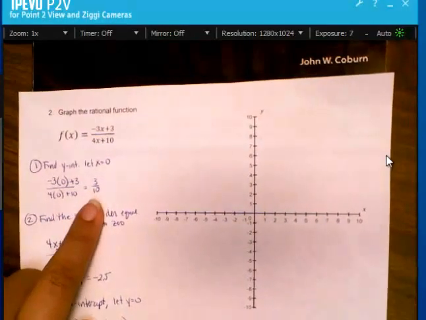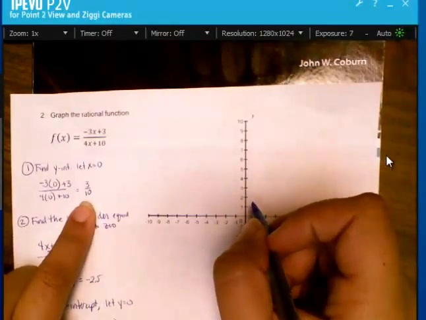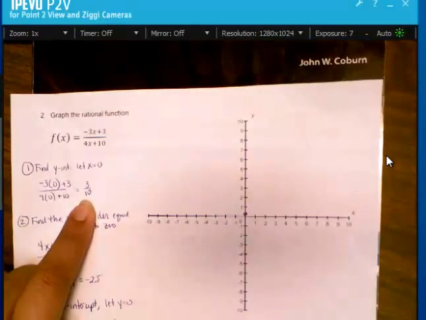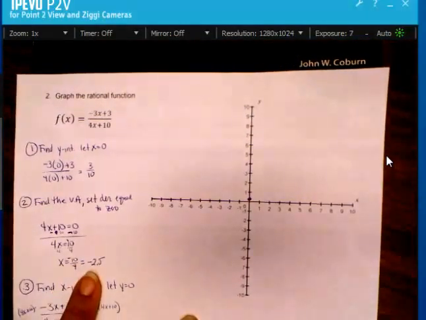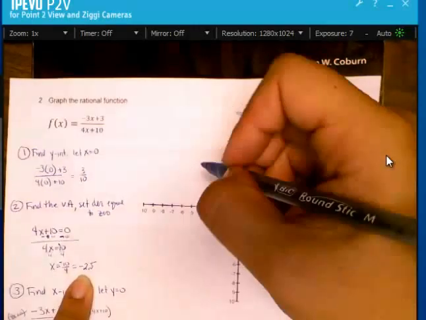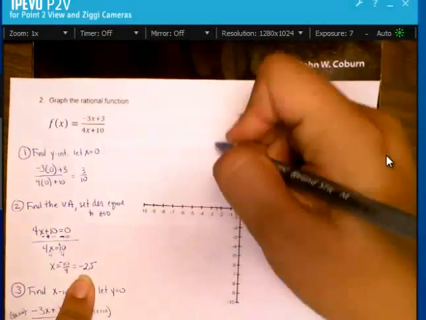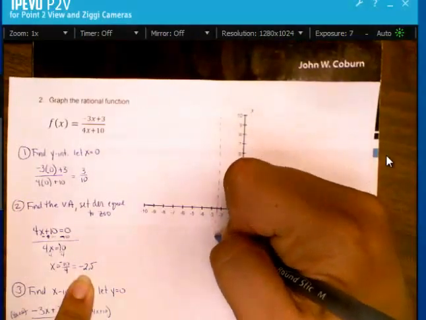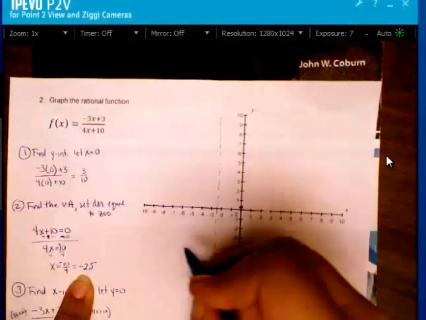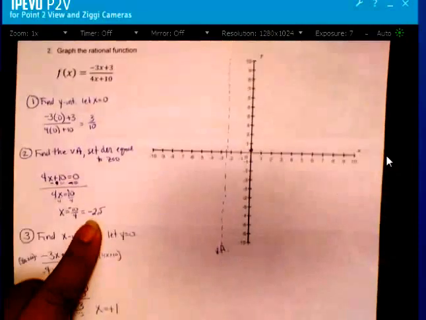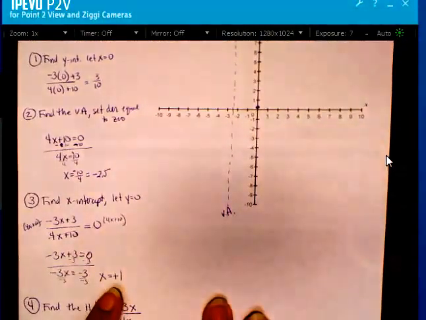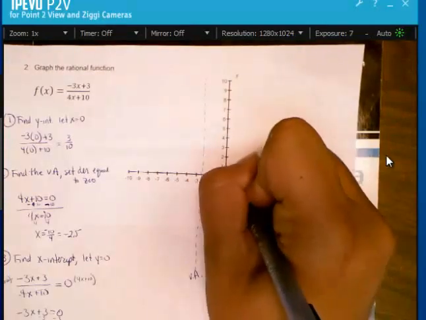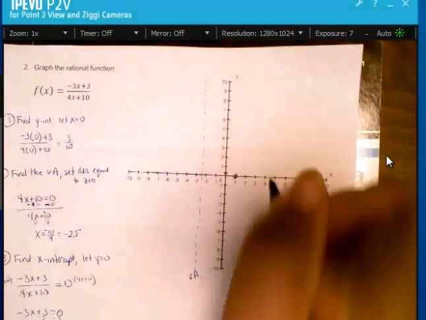So we know our y-intercept was 3/10, so that's approximately right there. We know we have a vertical asymptote at negative 2.5, so that's right here. So this right here is our vertical asymptote. This time we have an x-intercept of 1. So here's the x-axis. Here's our x-intercept.